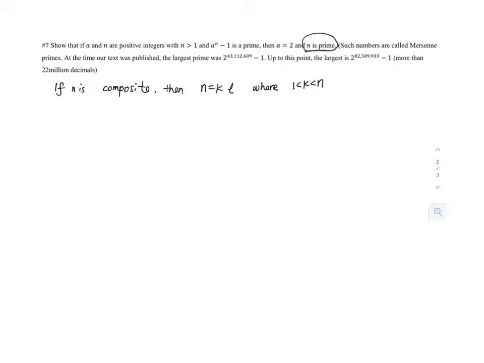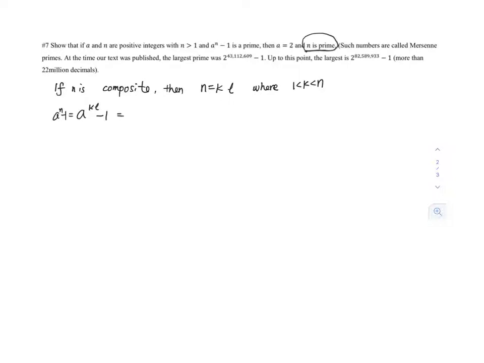Now, here's the trick. Because n is kl, a to the n minus 1 is a to the kl minus 1. And this actually can be factored. This is a pretty useful identity.